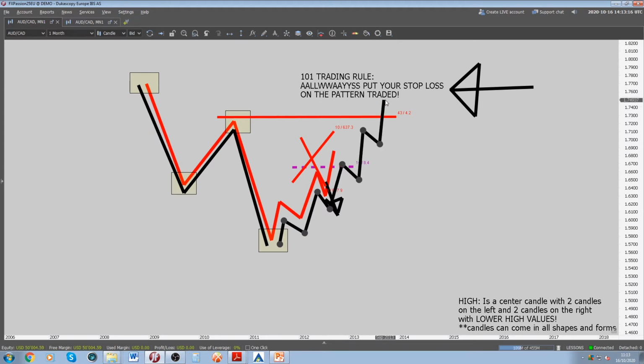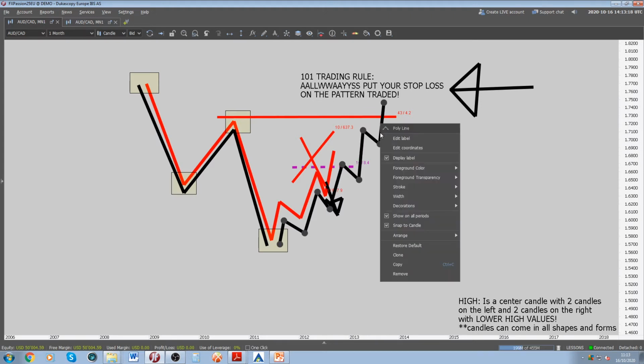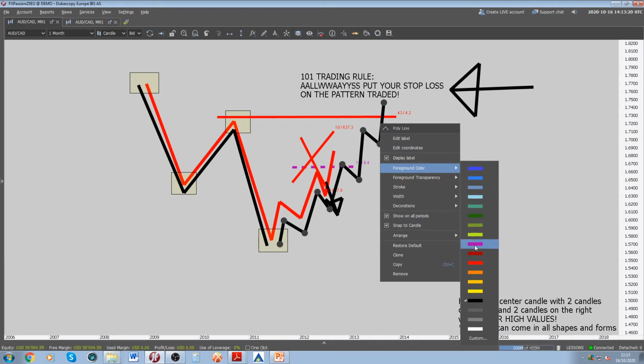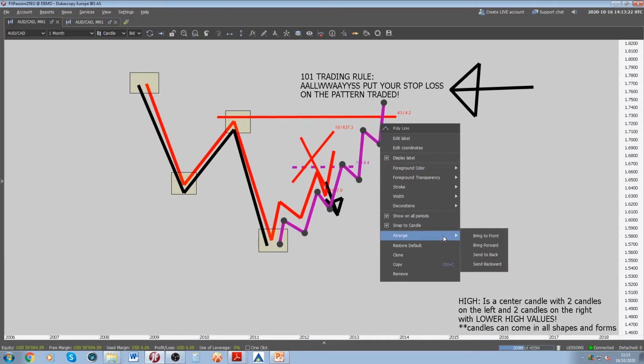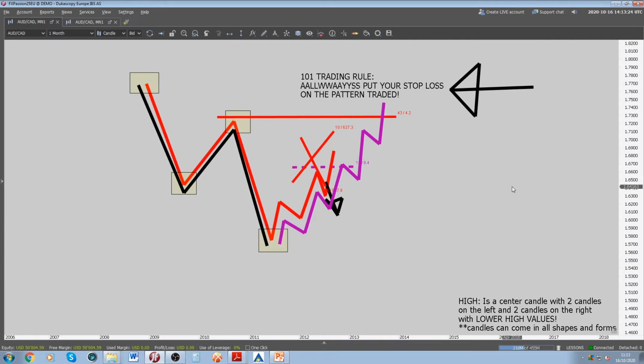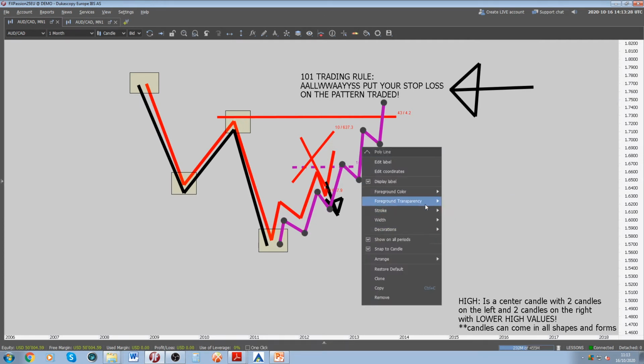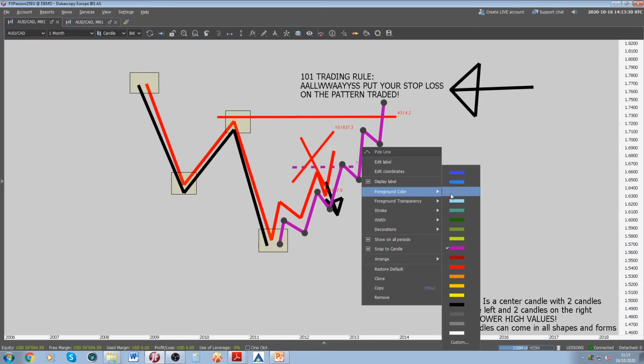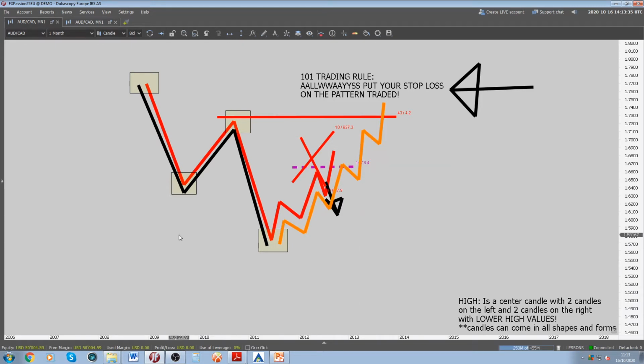Why is this okay? Well, because we are not in a downtrend anymore. The market is not making lower lows, lower highs anymore. It's making higher highs, higher lows.